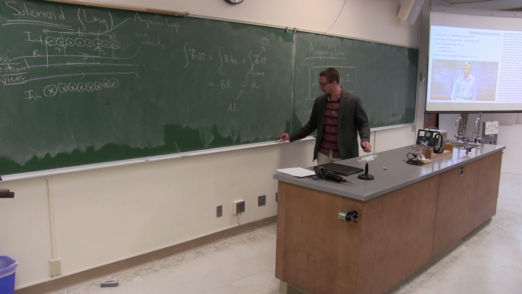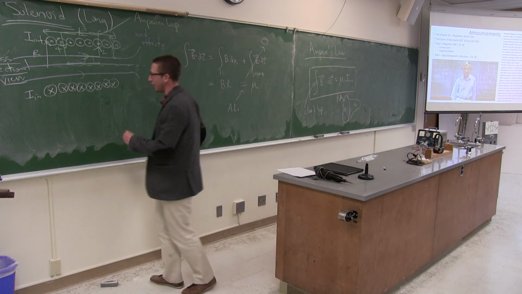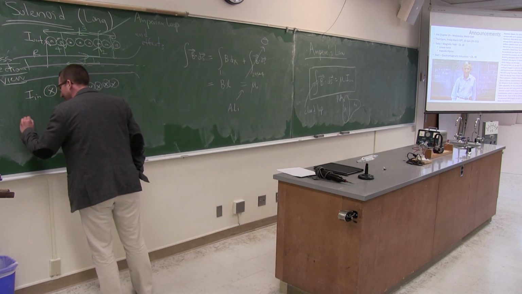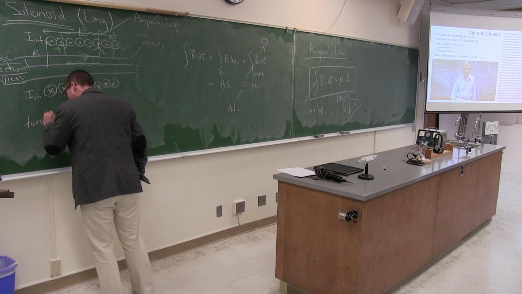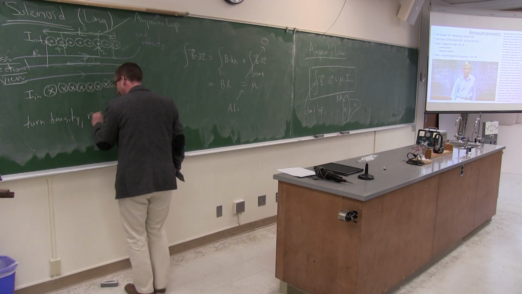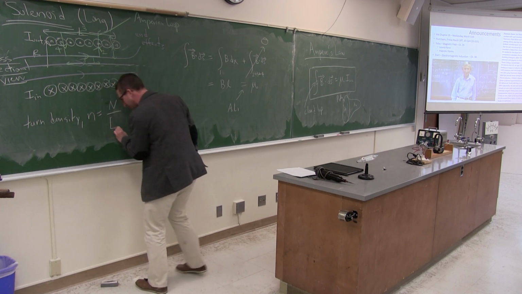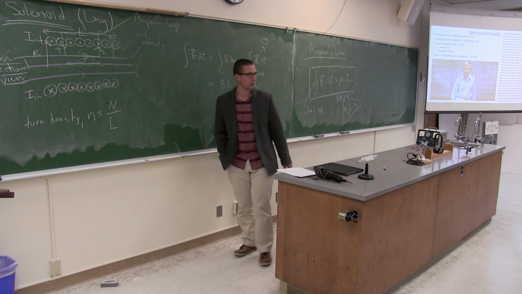Now there's a bunch of turns of wire, so let's say my solenoid has a turn density, small n, which is just the total number of turns divided by the total length.